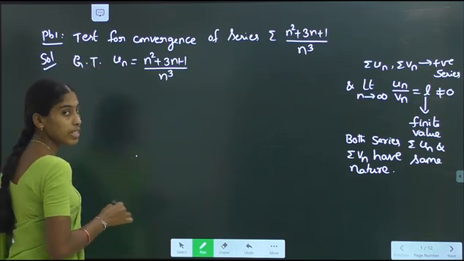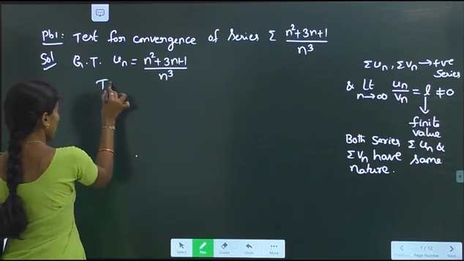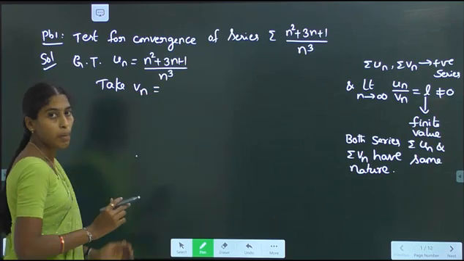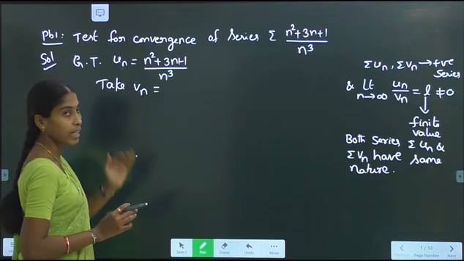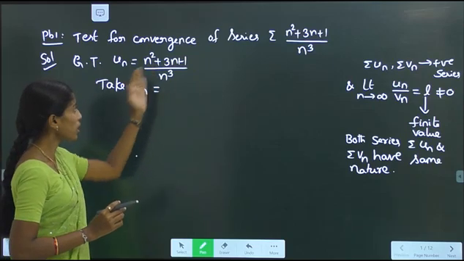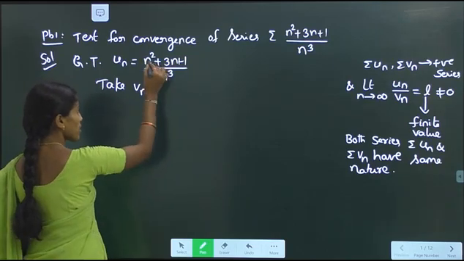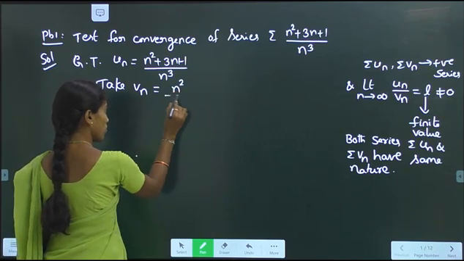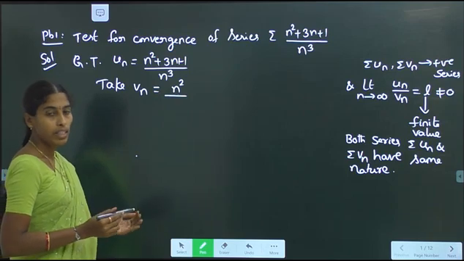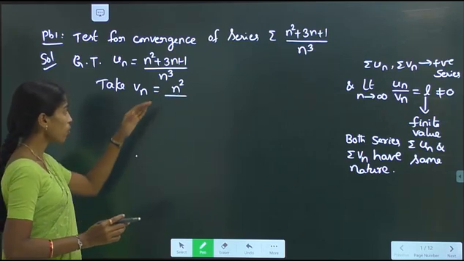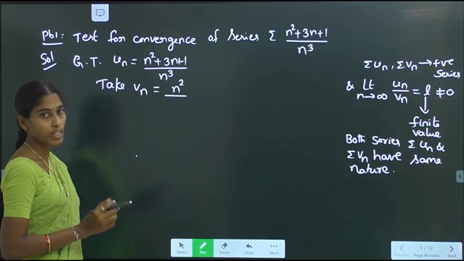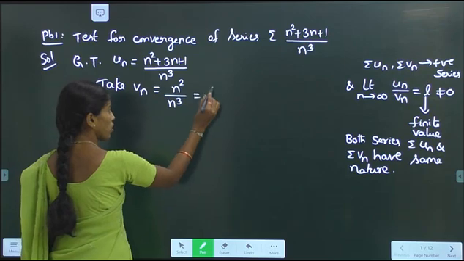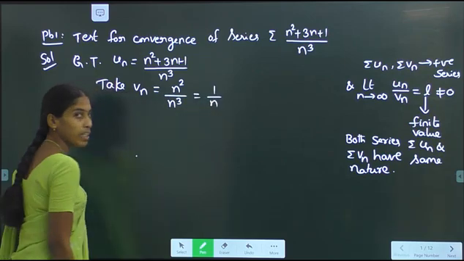So take vn is equal to, how can we take vn? The maximum power of n in the numerator. That means what is the maximum degree of n in the numerator? 2 is the maximum degree of n in the numerator. So take that n, that is n square, by, and in the denominator also we have to take the maximum degree of n. What is the maximum degree? n cube. By cancelling we get 1 by n.